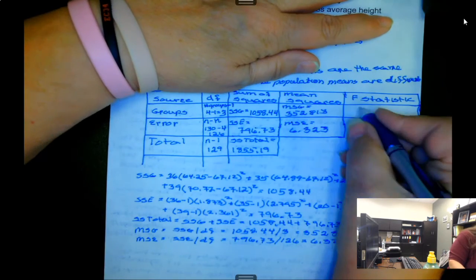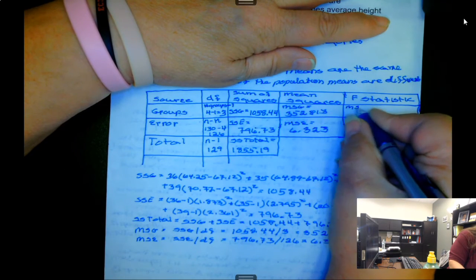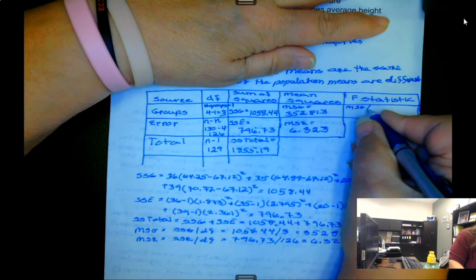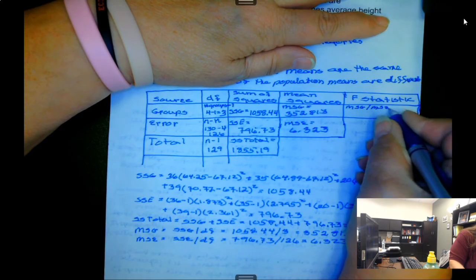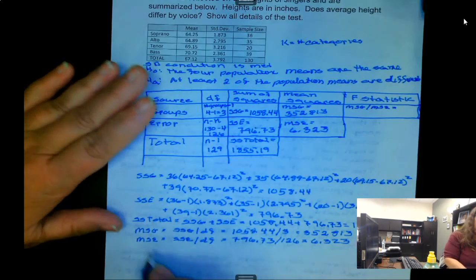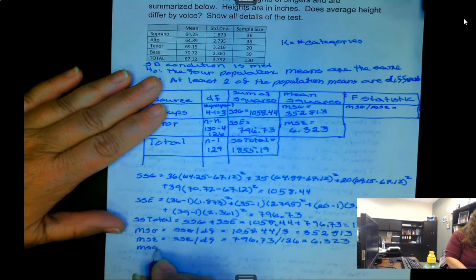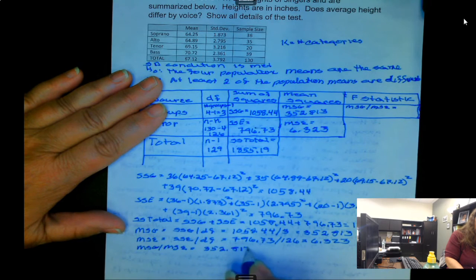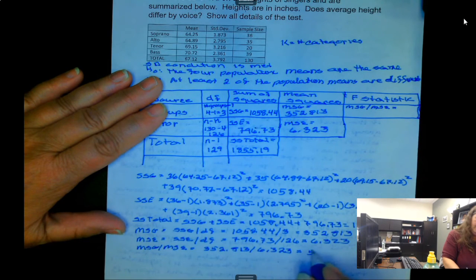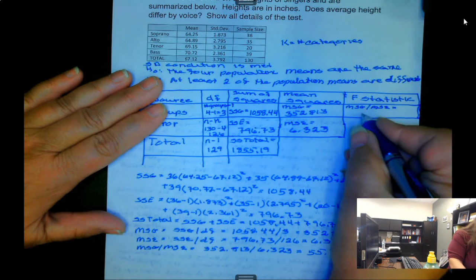Now for the F statistic, it's the mean squares of groups divided by the mean squares of error. Which is 352.813 divided by 6.323, which is 55.798.